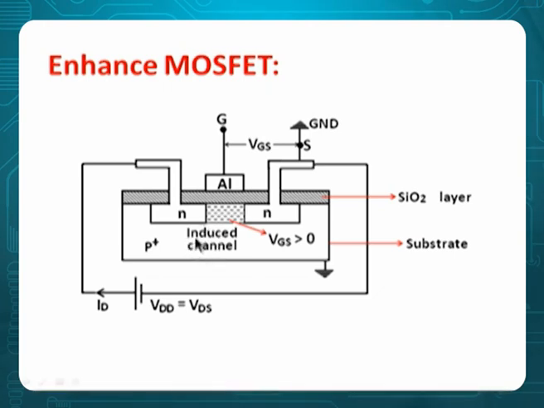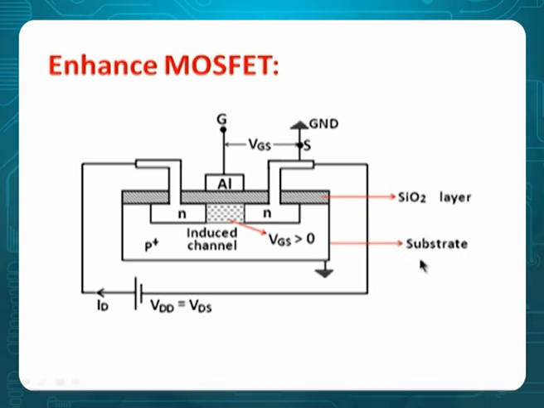It is only induced for VGS positive. That's why I have kept this as a dotted line. This is aluminum, metal. That's why it's called metal oxide semiconductor, MOSFET. This is the silicon dioxide layer.